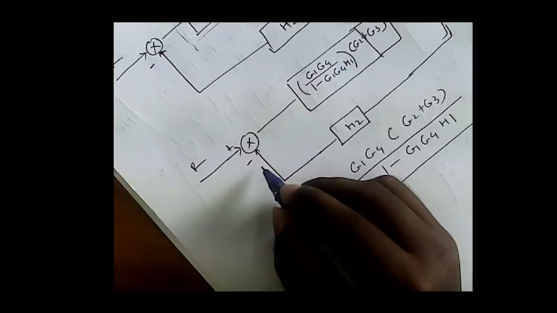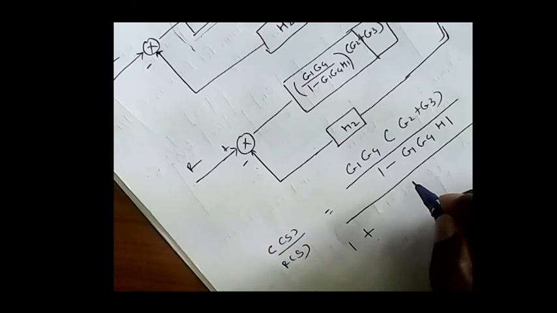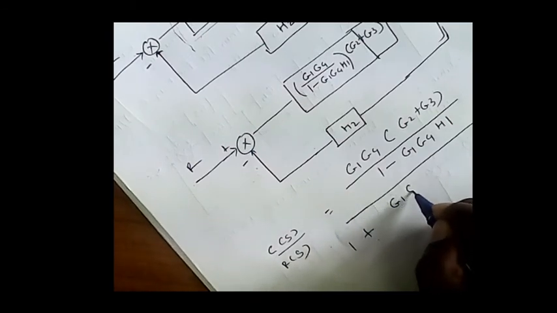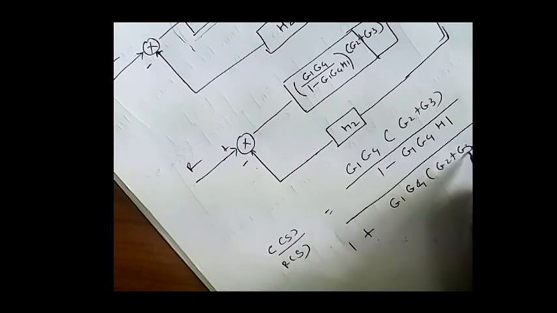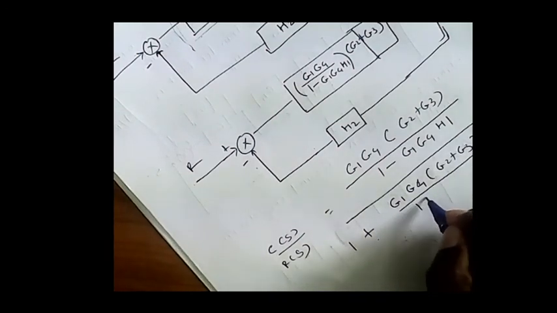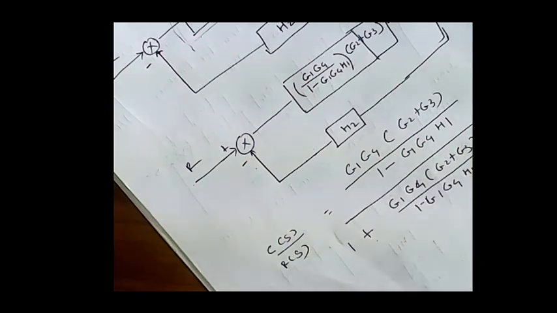Here it is a negative feedback, so the denominator sign is positive, to be remembered. So we get G1 G4 into G2 plus G3 divided by 1 minus G1 G4 H1 into H2.